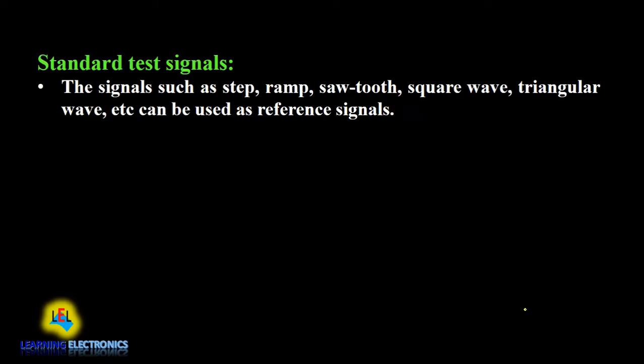There are many signals available which are functions of time and can be used as reference input for various control systems. These signals are step, ramp, sawtooth, square wave, triangular wave, etc. that can be used as reference signals. But while analyzing the system, it is difficult to consider each one of them as input and study the response according to them.